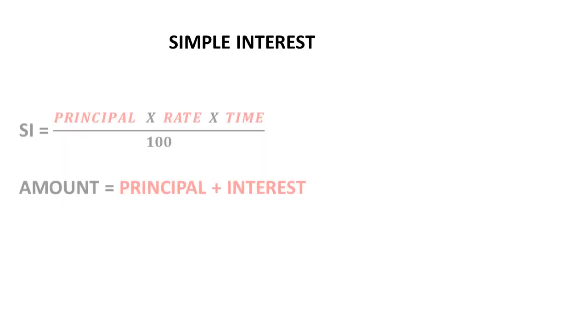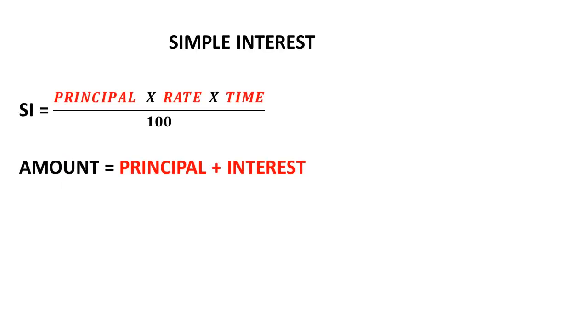Let us understand what we mean by simple interest. Simple interest is said to be simple if it is calculated on the original principal throughout the loan period, irrespective of the length of the period for which it is borrowed. That means the formula to calculate simple interest is principal into rate into time by 100. In short, we say it as PTR by 100. When we say interest, it always means simple interest.